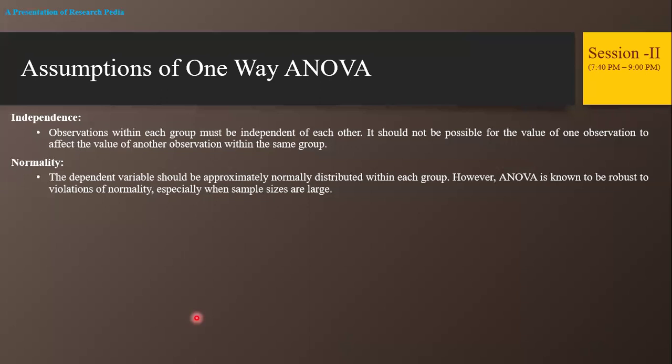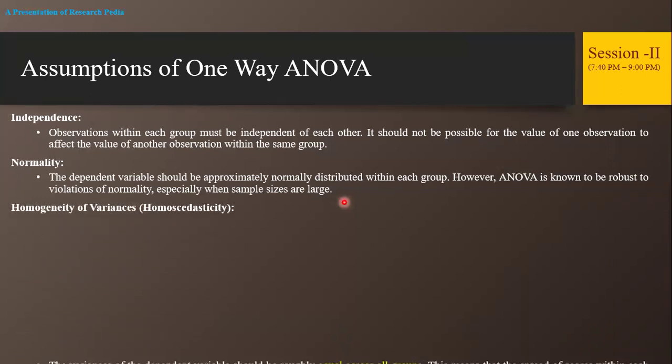By dependent, we mean the variable with a continuous data type, the interval scale or ratio scale variable. However, ANOVA is known to be robust to violation of normality, especially when sample sizes are large. So always remember, if the sample size is greater than 30, we may assume the data to be normal, and we don't need to check the normality of the data.